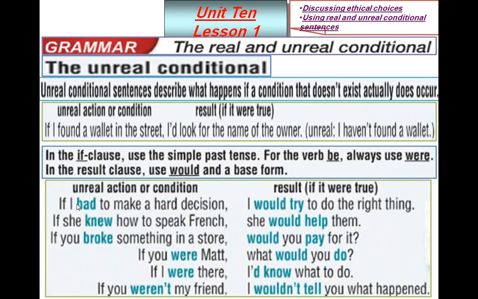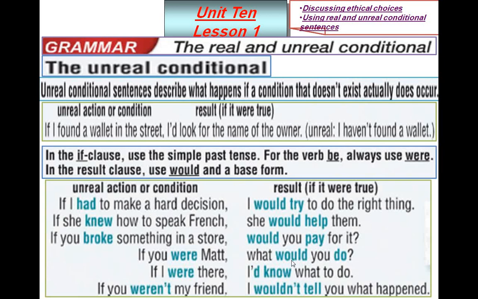Here, an unreal conditional. I say, if I had to make a hard decision, I would try to do the right thing. If she knew how to speak French, she would help them. If you broke something in a store, would you pay for it? That's a form of a question. I start here with would. If you were Matt, that's a person's name, what would you do?